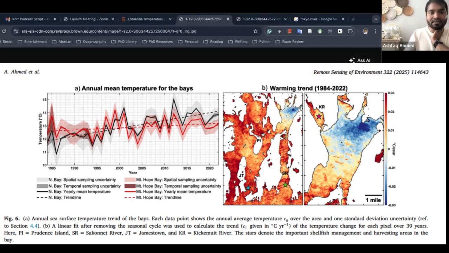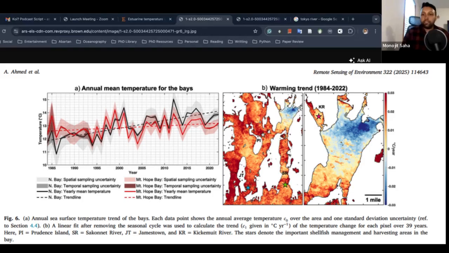We have subdivided Narragansett Bay, the entire bay versus a part of the bay. This part is called Mount Hope Bay. The black curve is Narragansett Bay. The red one is Mount Hope Bay. If you look at the black line, you will see the mean temperature is increasing.